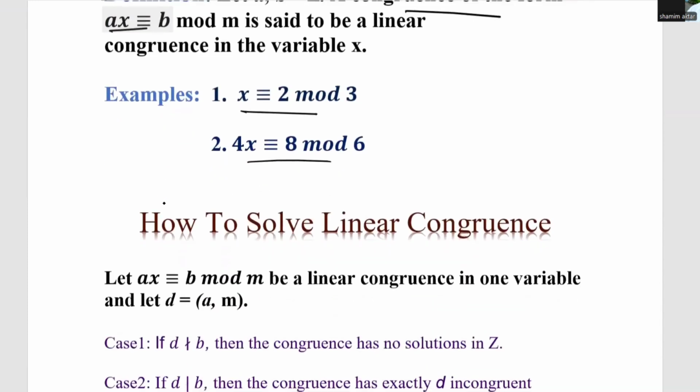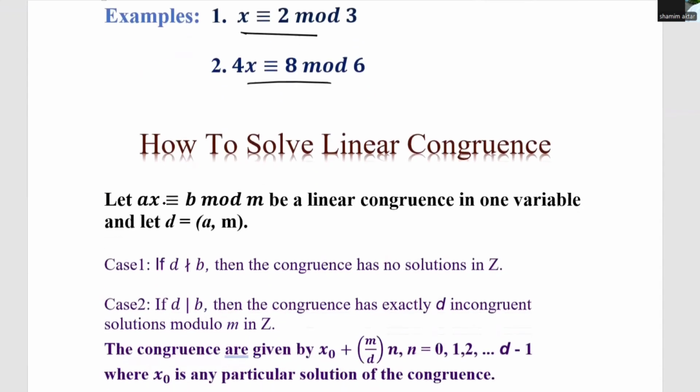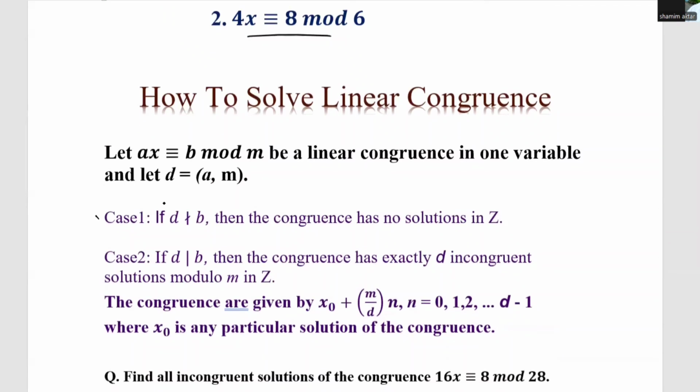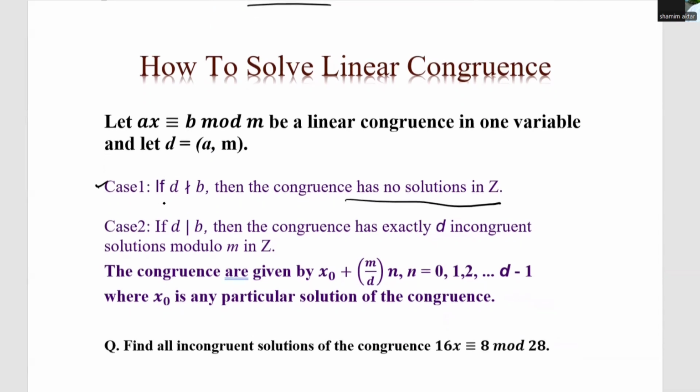Now, how to solve a linear congruence. Let ax ≡ b mod m be a linear congruence in the variable x, and let d be the GCD of a and m. Case 1 says that if d does not divide b, then the congruence has no solution in the integers.